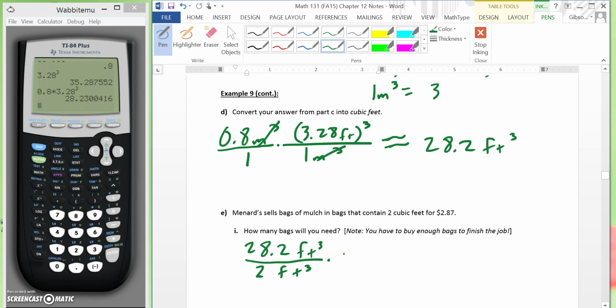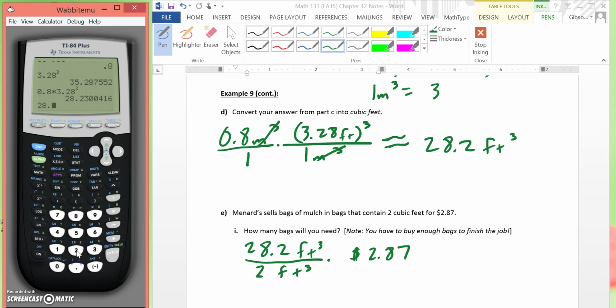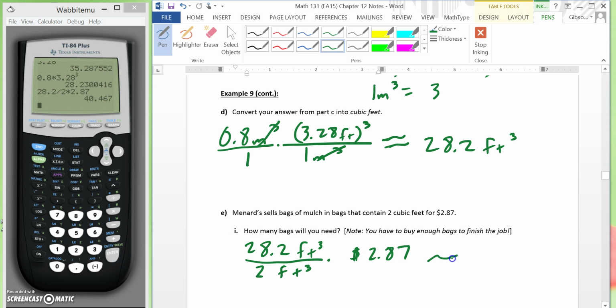And we will multiply that answer by $2.87 because for every 2 cubic feet, we have to pay $2.87. So we'll take 28.2 divided by 2, then multiply that by $2.87. And that would give us approximately $40.47.